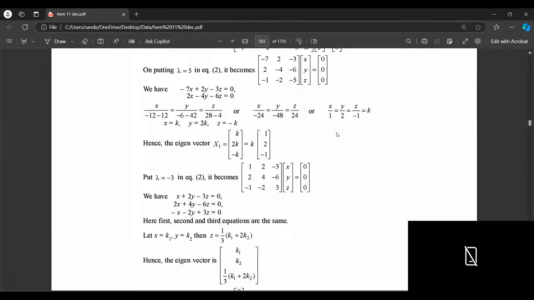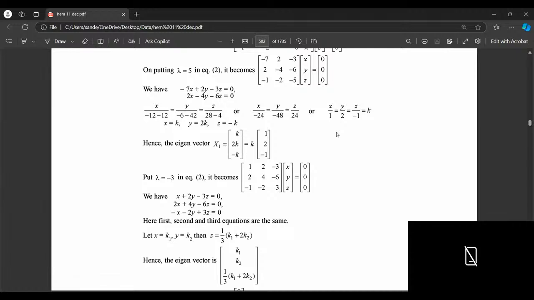It means, you see, all the three equations are same here, x plus 2y minus 3z. Second equation, 2 is common, x plus 2y minus 3z equal to 0. Third equation, minus is common there, x plus 2y minus 3z equal to 0. Means all three equations are same in this system.